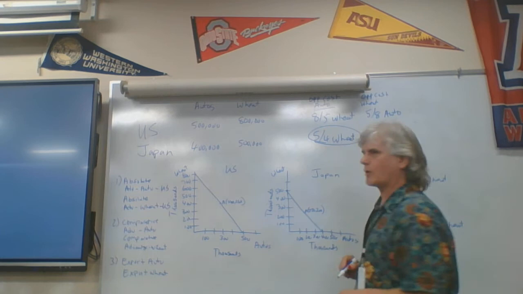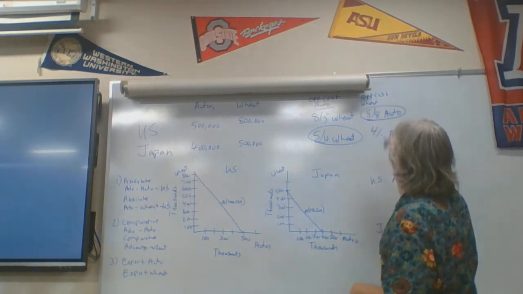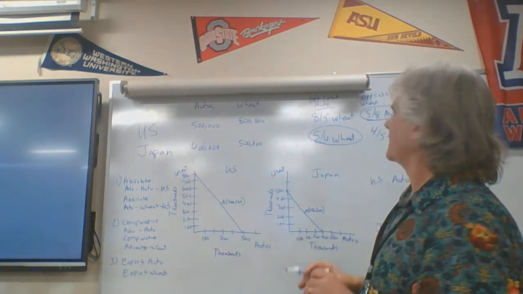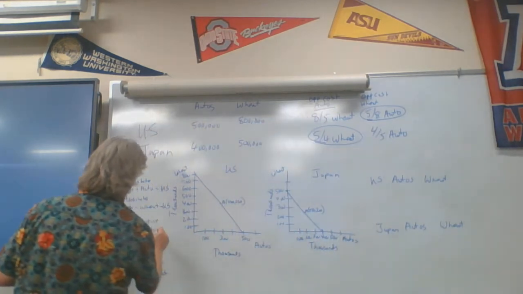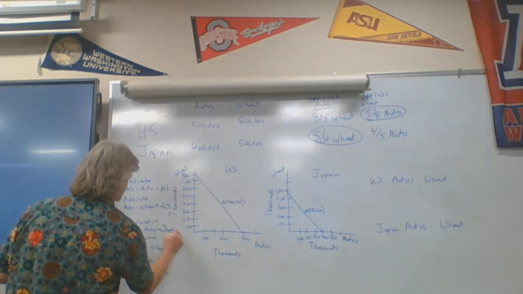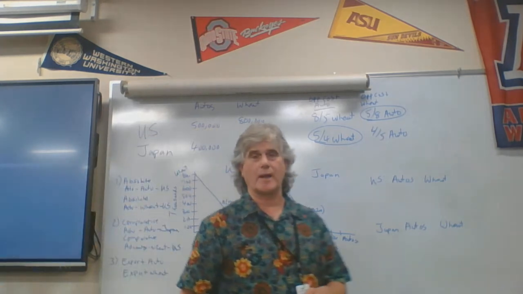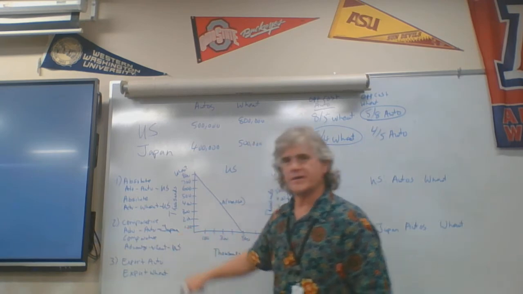This one is lower. And then right here, this number is lower. So in this case, Japan should make autos and the United States should make wheat. So comparative advantage for autos is Japan. Comparative advantage for wheat is the US.